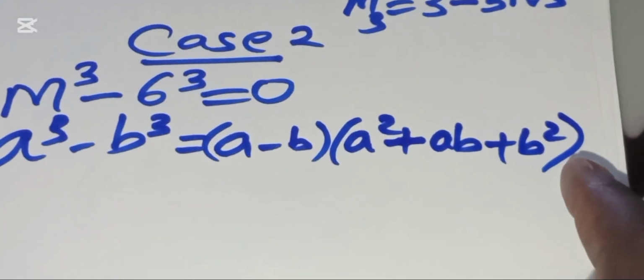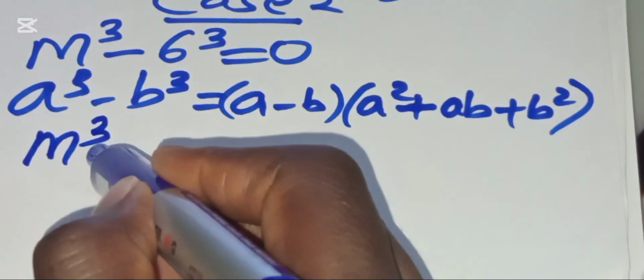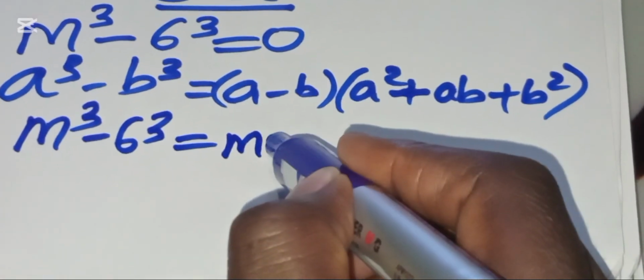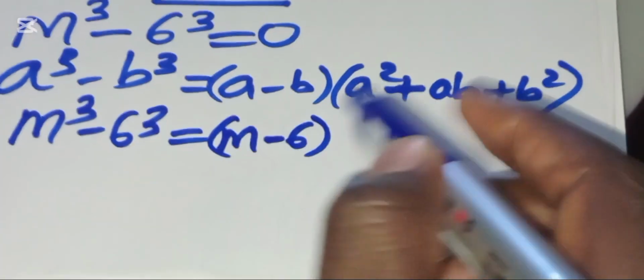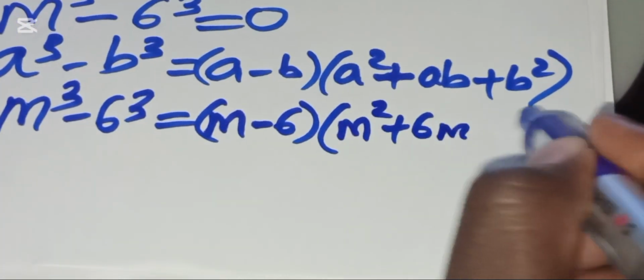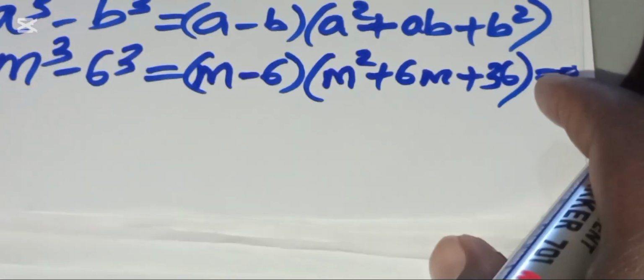So applying this property, m cubed minus 6 cubed is the same thing as m minus 6 times m squared plus 6m plus 36, which is equal to 0.